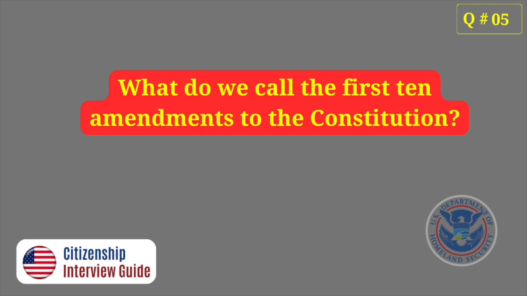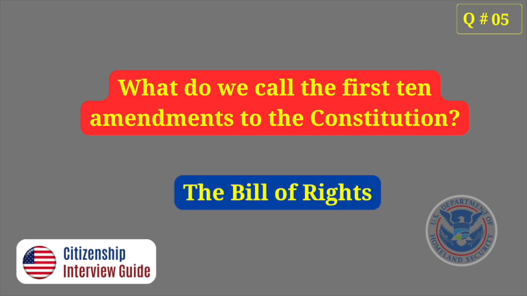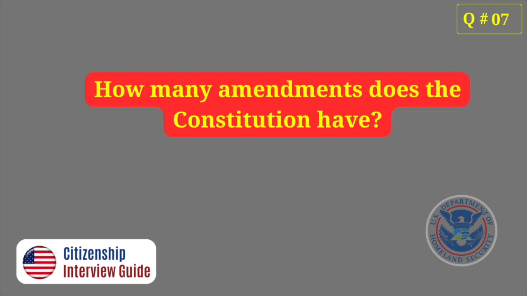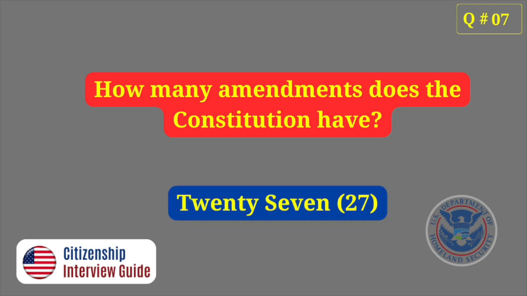What do we call the first 10 amendments to the Constitution? The Bill of Rights. How many amendments does the Constitution have? 27.